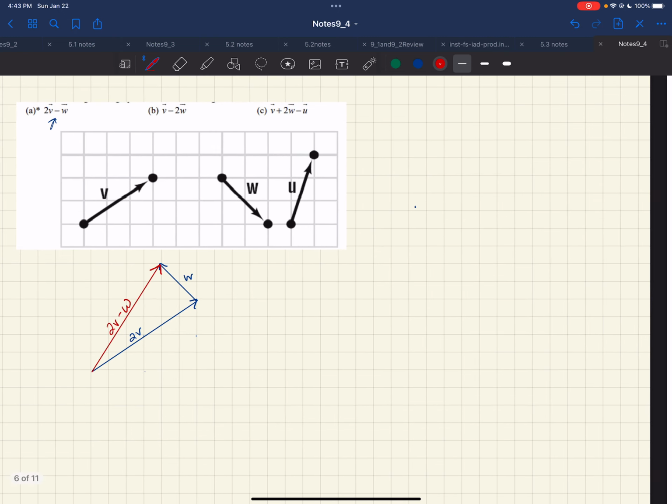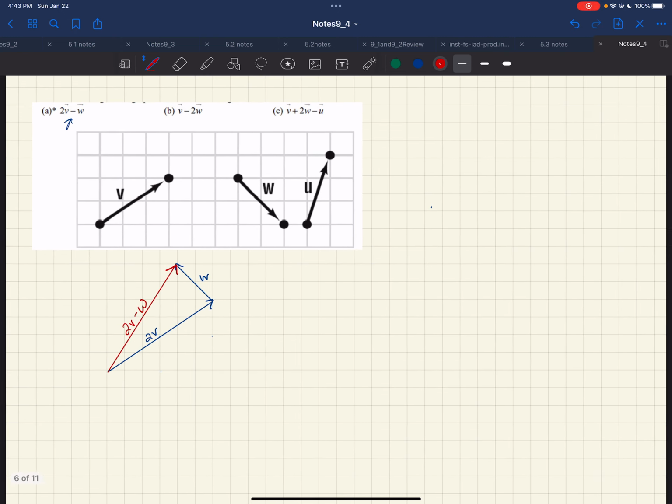The next one, b, we're going to look at v minus 2w. So v, we have that again, just 1v. So that's over 3, up 2. So that's v. And then minus 2w. Well, we know that our w goes 2 over, 2 down.